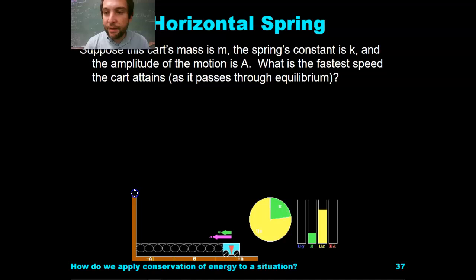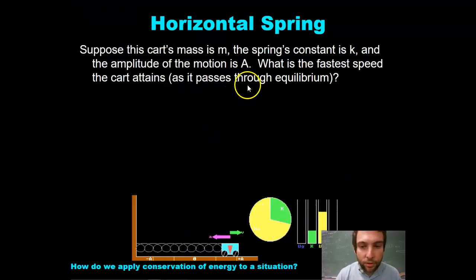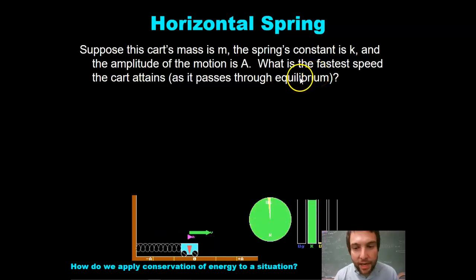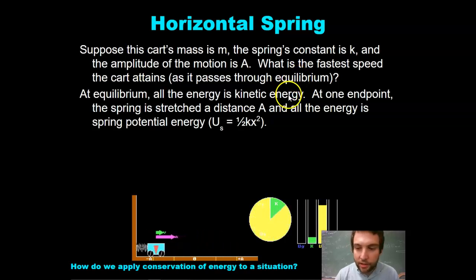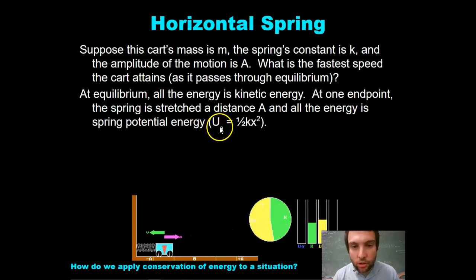Suppose the cart's mass is m, the spring constant is k, and the amplitude of the motion is A. What is the fastest speed the cart attains as it passes through the equilibrium? At equilibrium, all the energy is kinetic, and all of the energy at the starting point is spring potential energy.